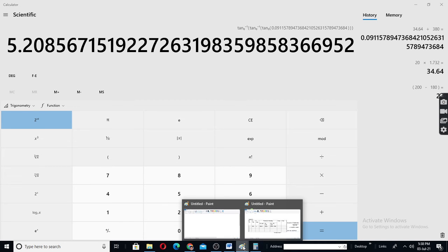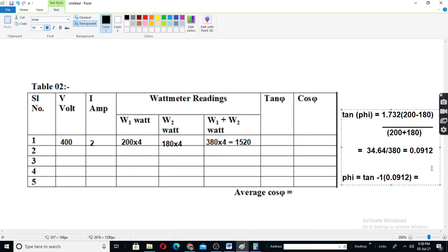So right here, 5.2 degrees. You write degrees, or you can write a circle on the top.